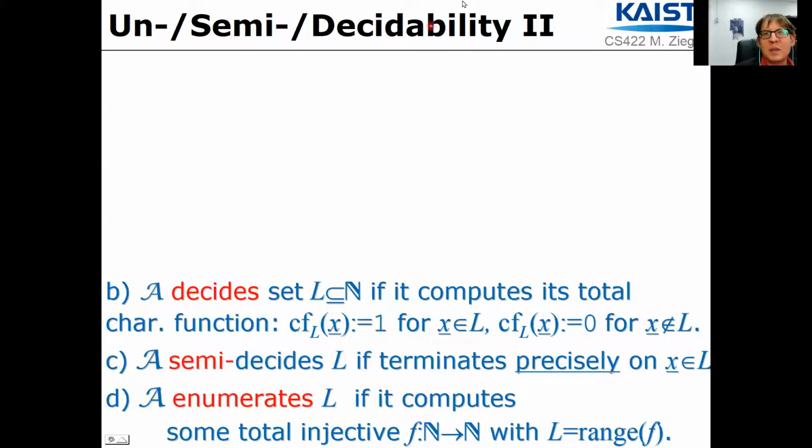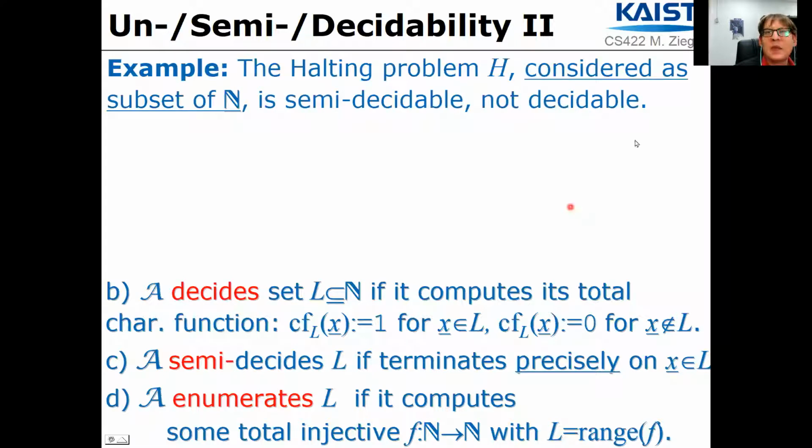And if there is a connection, what is that connection? The answer is provided by the following theorem. Well, the theorem comes in a minute, but first let's look at an example, namely the halting problem.